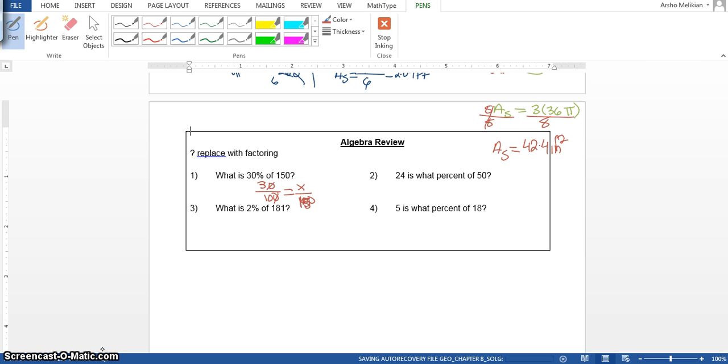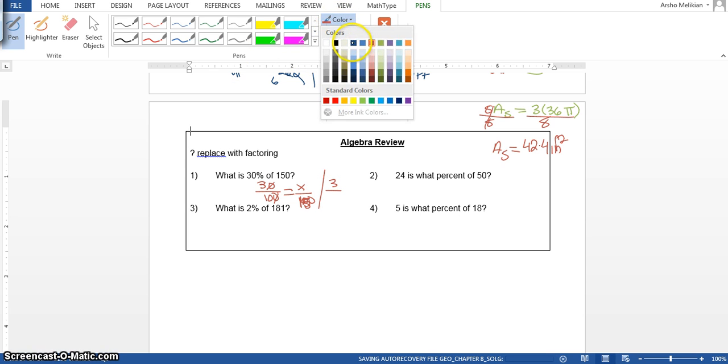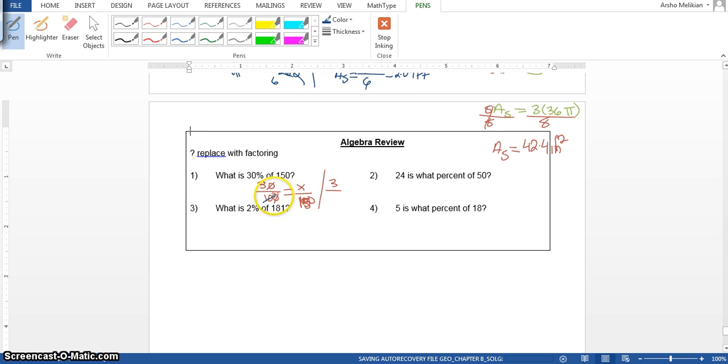If you simplify by 10s and 5s, you get 3 over 10 equals x over 150, and x is 45.